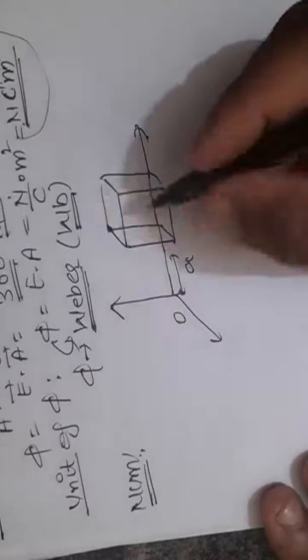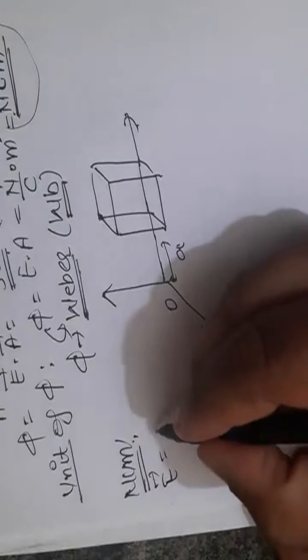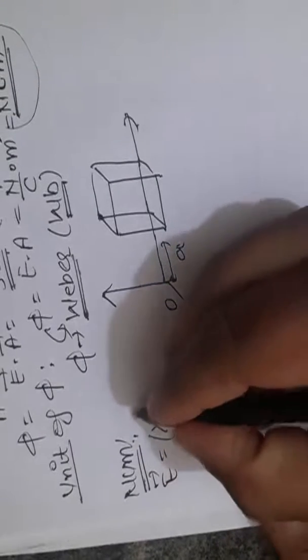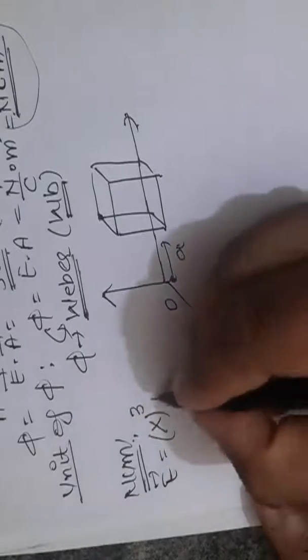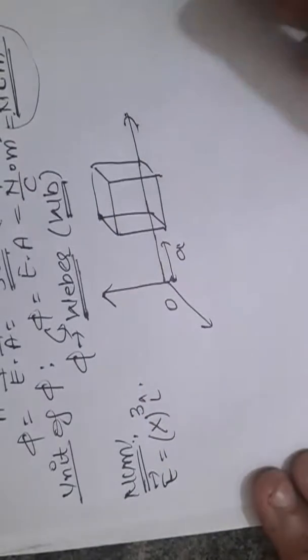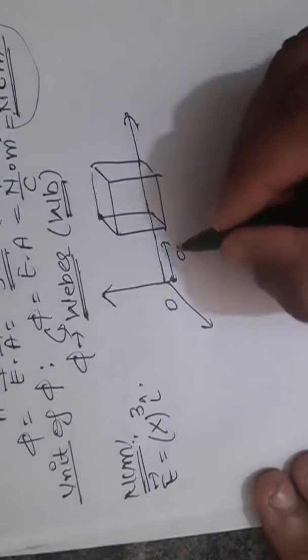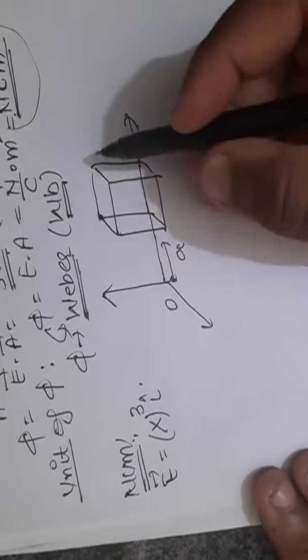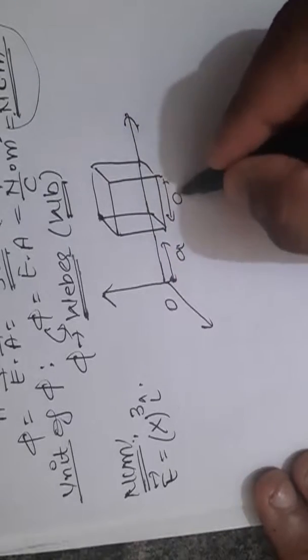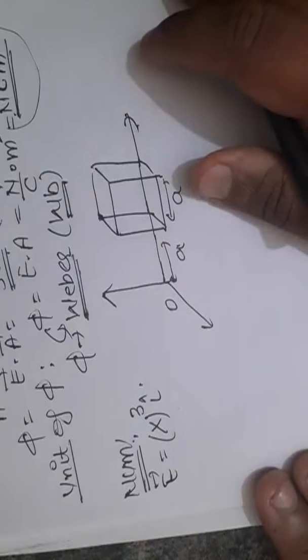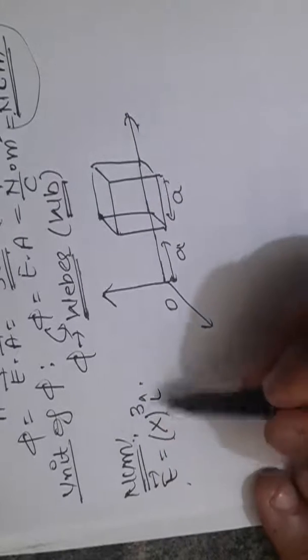The electric field vector is given by x cubed i cap. We have to calculate the electric flux through this cube. The electric field is along this side.